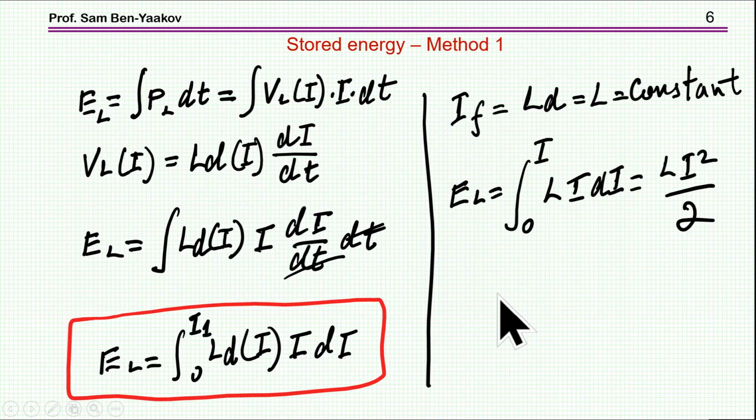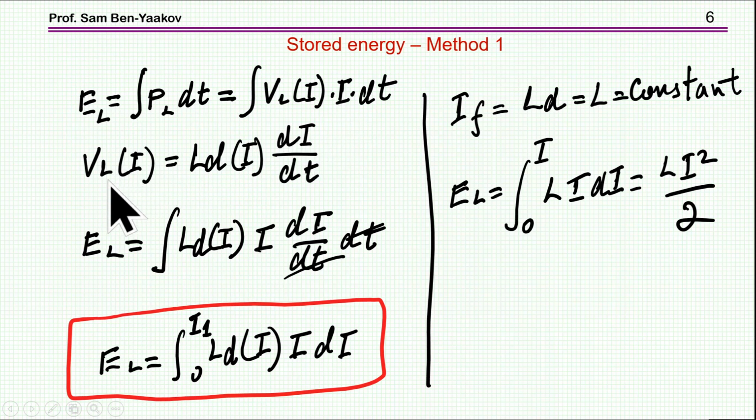I'm presenting here two methods to solve actually the question. So the first one is based on the inductance itself, nonlinear inductance. So I'm starting here with what is energy. Energy is the integral of power over time, and power, electrical power, is voltage times current.